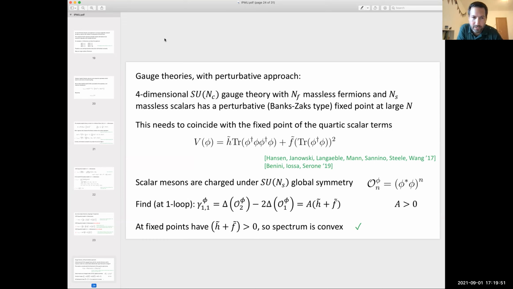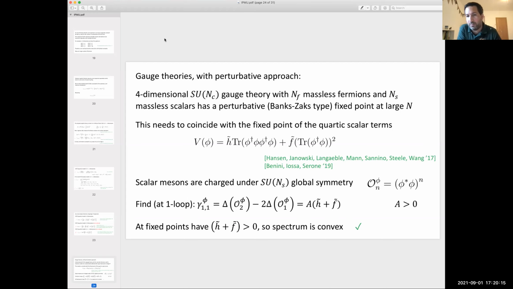And what we can consider, for example, are scalar mesons that are charged under this SU(N_S) global symmetry. So we can consider something like phi star phi. So not phi dagger phi, that would be a singlet under the flavor group, but instead we want to take two different flavor indices in phi star. So this transforms non-trivially under the flavor group.